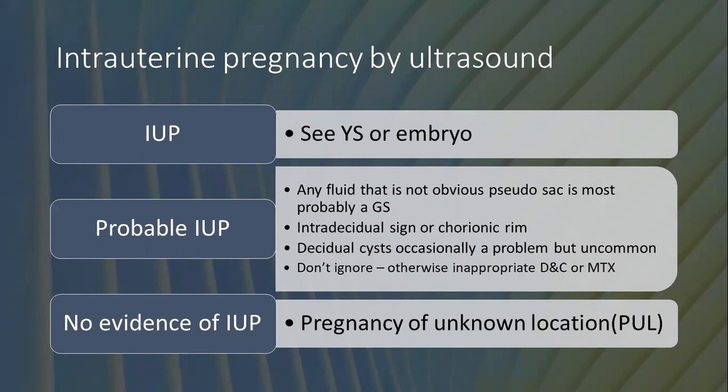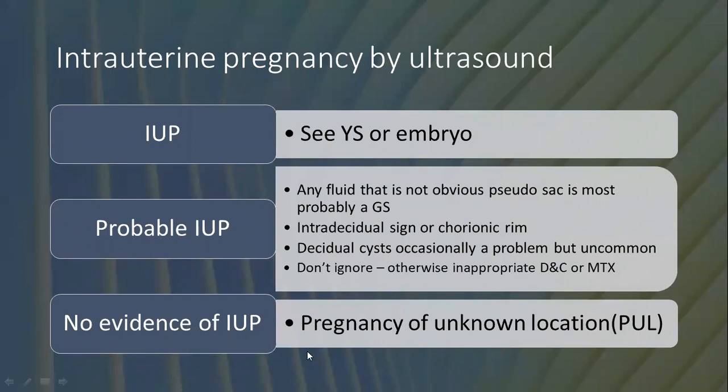So that's why we're saying when we see fluid inside the endometrium, most probably let's take this as a gestational sac, and there's no harm in following this up. So don't just ignore or maybe advise inappropriate D and C or administration of methotrexate, because we might actually harm a pregnancy which was going to be a normal pregnancy or a viable pregnancy.